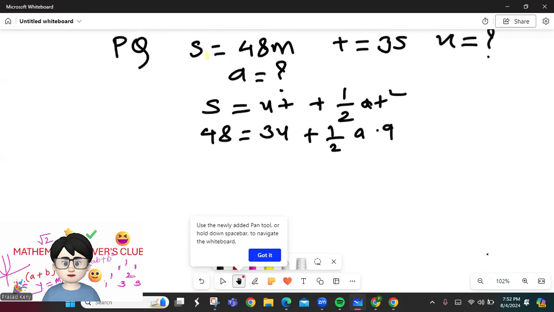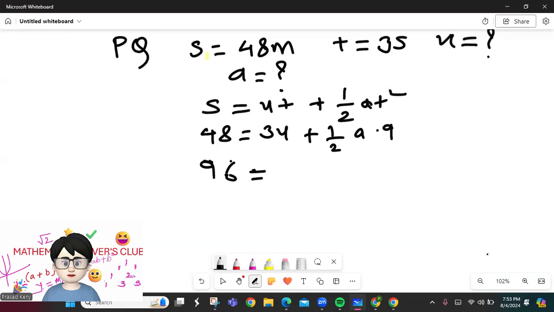Now to get rid of the denominator, I multiplied throughout by 2 and that gives me 96 is equal to 6u plus 9a. So this is one equation.